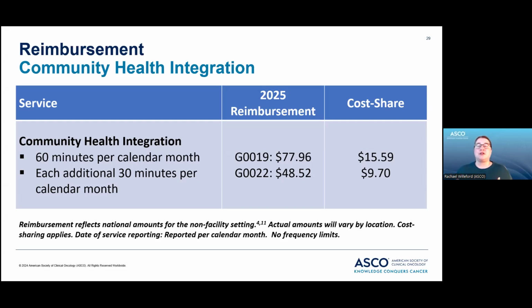Currently, rural health centers and federally qualified health centers would report these services along with principal illness navigation with the G0511. However, in 2025, that's changing, and CMS is going to require the individual HCPCS codes to report these services.